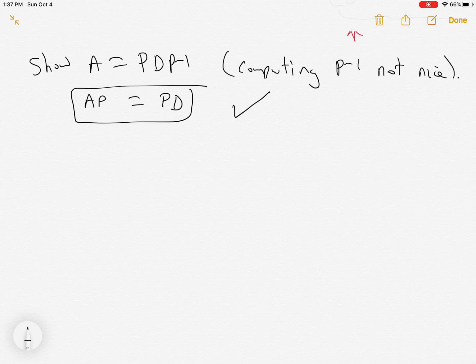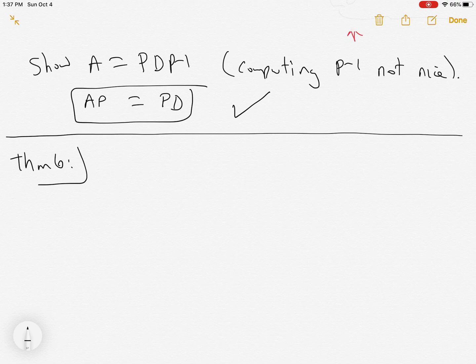Okay, so what we saw in this example is that the eigenvalues don't need to be distinct for this diagonalization to work. And that's really the interesting case here, because, well, here's a theorem. Theorem 6. This is sort of boring but true.